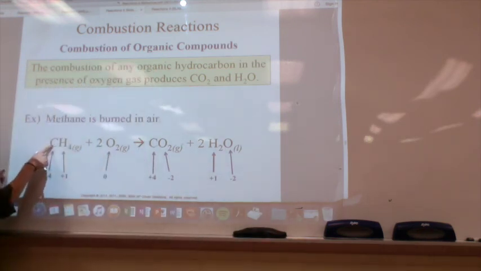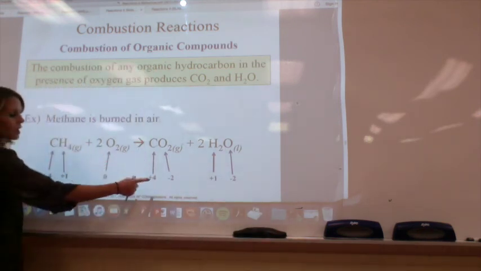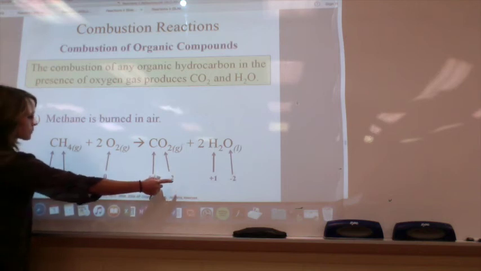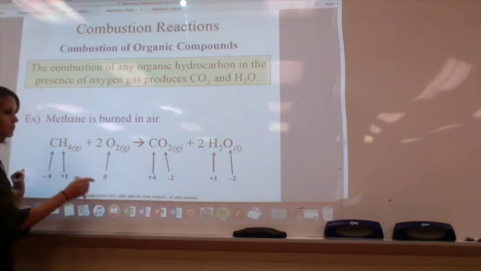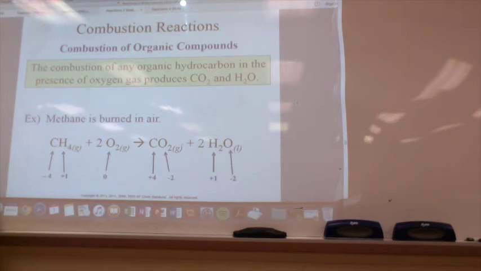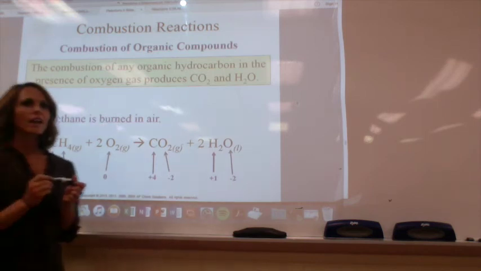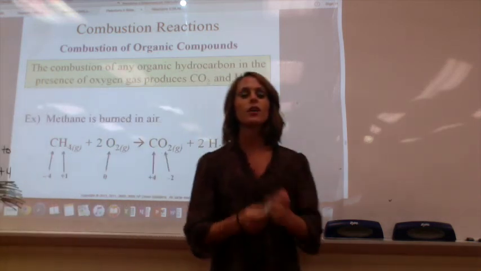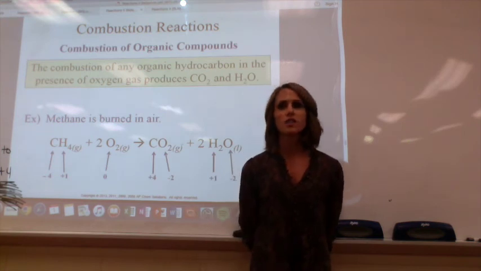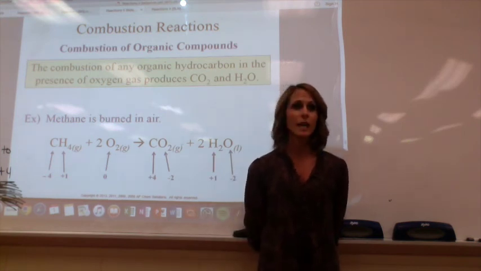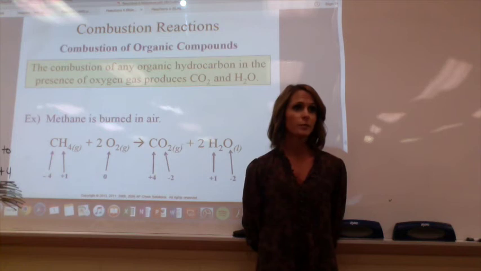Carbon is in a -4 state, +1, 0. It goes to a +4 state, -2, +1, -2. The key thing here is that carbon wants to be a +4. I don't know why. It just does. So anytime carbon's involved and it's not in the oxidation state of +4, it will undergo a reaction to become a +4.